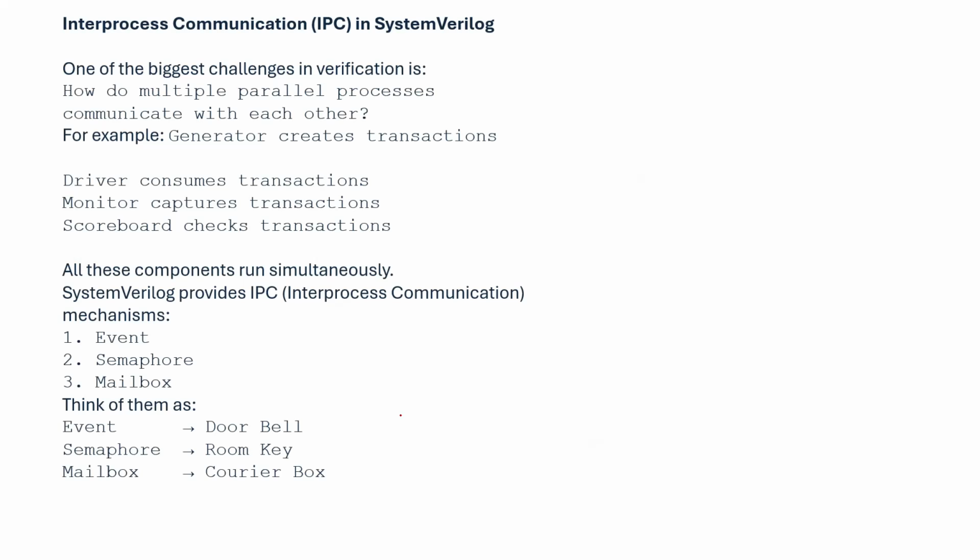Events are mainly used for synchronization. Semaphores are for shared resources: if four people are working on the same interface, the simulator will get confused about whom to give permission. At that time the semaphore comes into play, and based on the key concept, it gives you the access. And then the mailbox. See here, an event is a doorbell, a semaphore is like a room key, and a mailbox is a courier box.